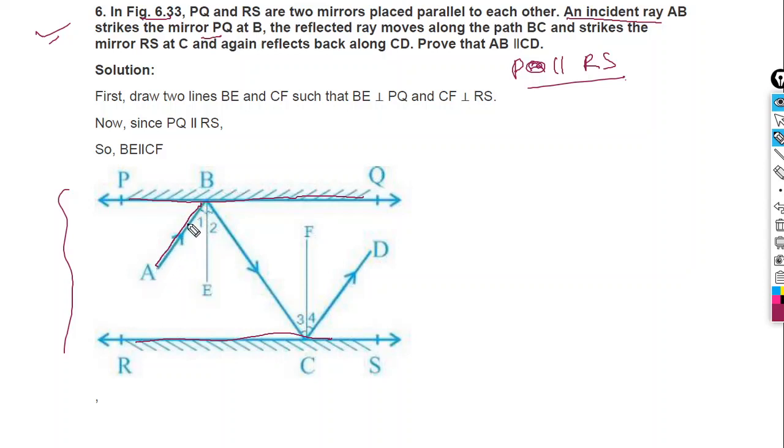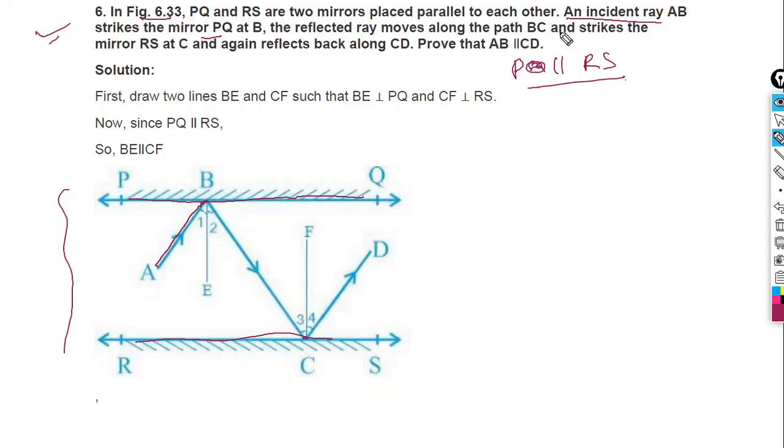So incident ray AB strikes the mirror PQ at point B, and it is reflecting back, and it strikes the mirror RS at point C, making a ray BC.